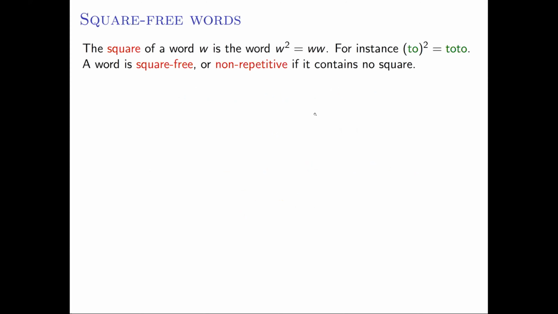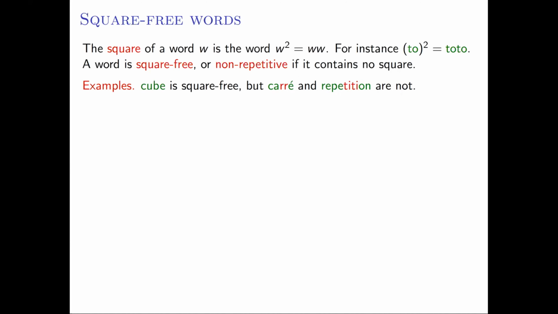And we say that a word is square free or non-repetitive if it contains no square. So for instance, the word "cube" is square free, but "carré", which means square in French, contains a square, "rr". And the word "repetition" also contains a square, "titi", it's a square. So these two words are not square free.